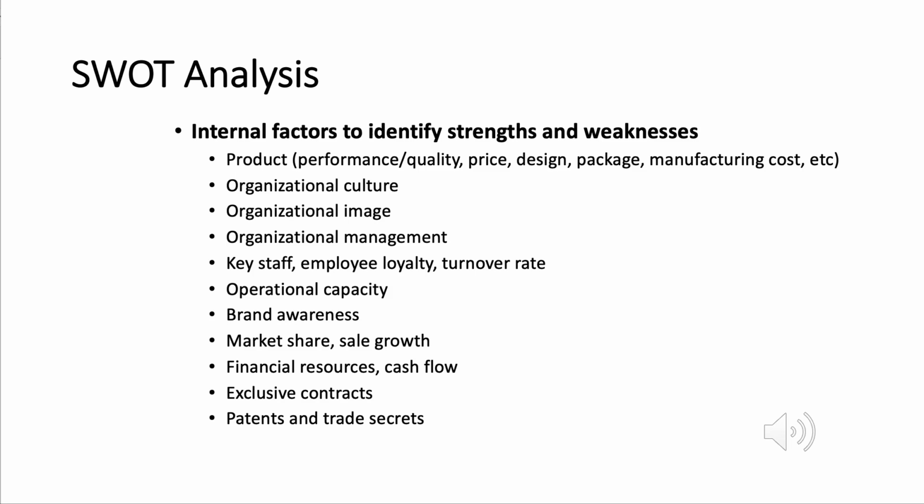Organizational culture, organizational image, organizational management or leadership style, key staff, employee loyalty and turnover rate, operational capacity, brand awareness, market share, sales growth, financial resources (is the cash flow healthy?), and external contracts, any external contracts the company has, or any patents or trade secrets the company owns.